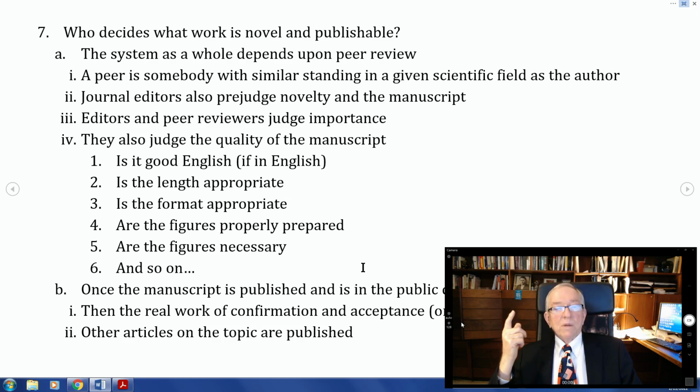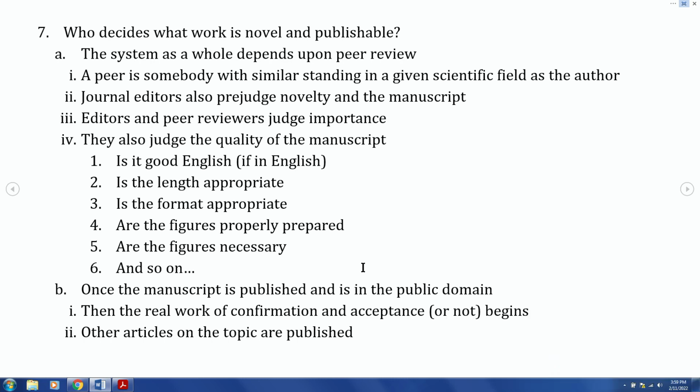Is the format appropriate? We'll talk about that in a moment. Are there the proper number of figures, and are they all necessary, and are they clear, and can you read them, and on and on. So these are the things that the reviewers and the editor look at, and if they pass all those standards, then it ends up getting published and put into the public domain.